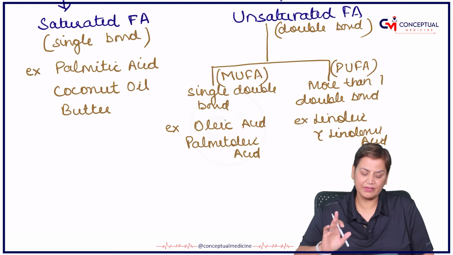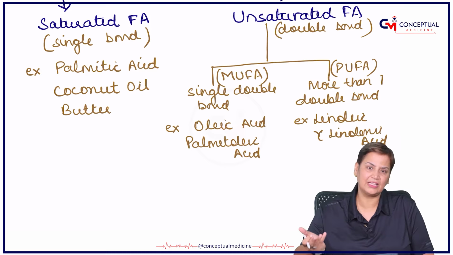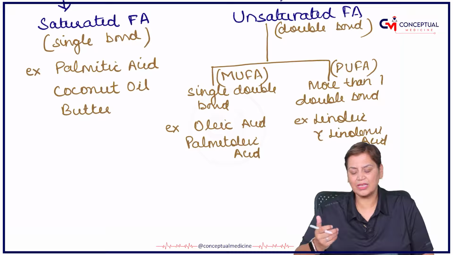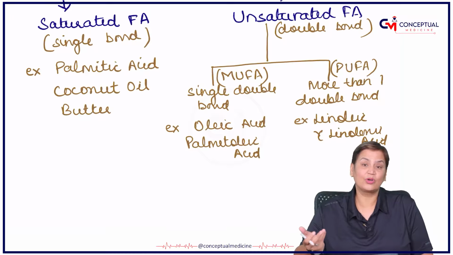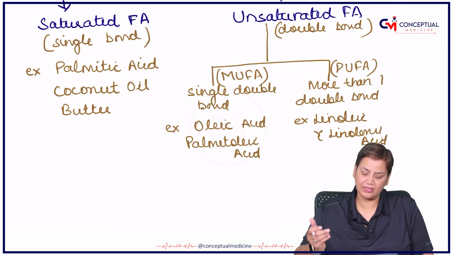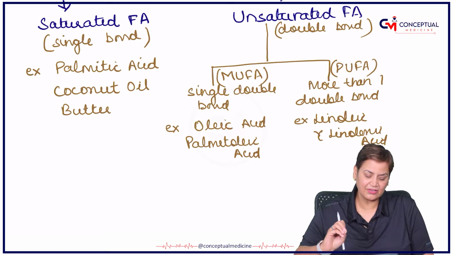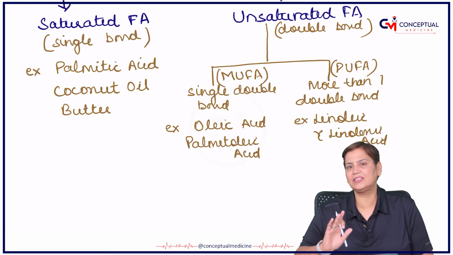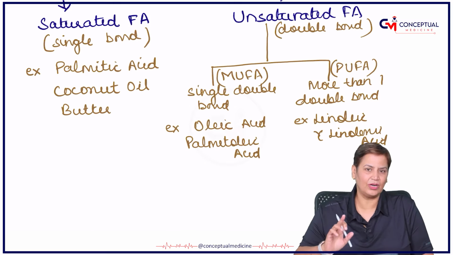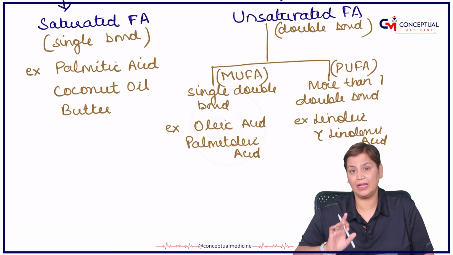We normally prefer a diet which is rich in unsaturated fatty acids. Why? Because they also come under the category of essential fatty acids. Now, one question which might strike your mind is: why can essential fatty acids not be synthesized in the body? They cannot be synthesized because there is no enzyme machinery present which will incorporate a double bond after the 9th carbon atom.